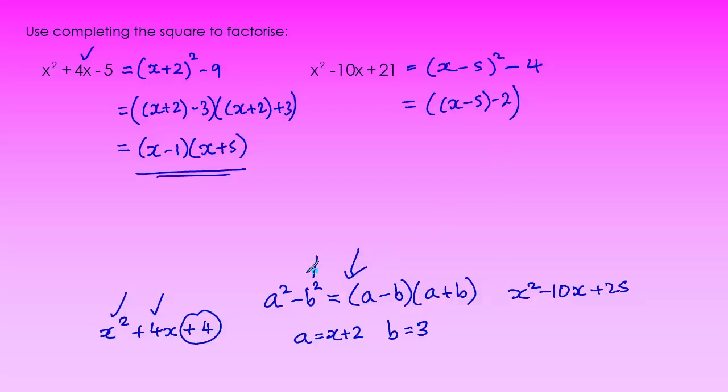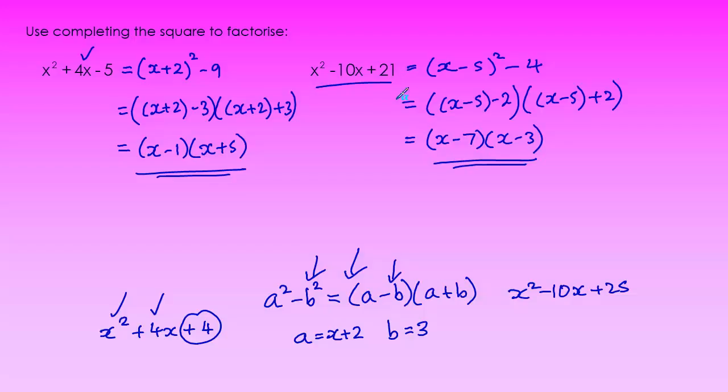Remember, the 4 is b squared, and we want b here. And x minus 5 add 2. And then we'll just tidy that up into x minus 7 and x minus 3. And if we re-expand that, we'll see that we do get this.